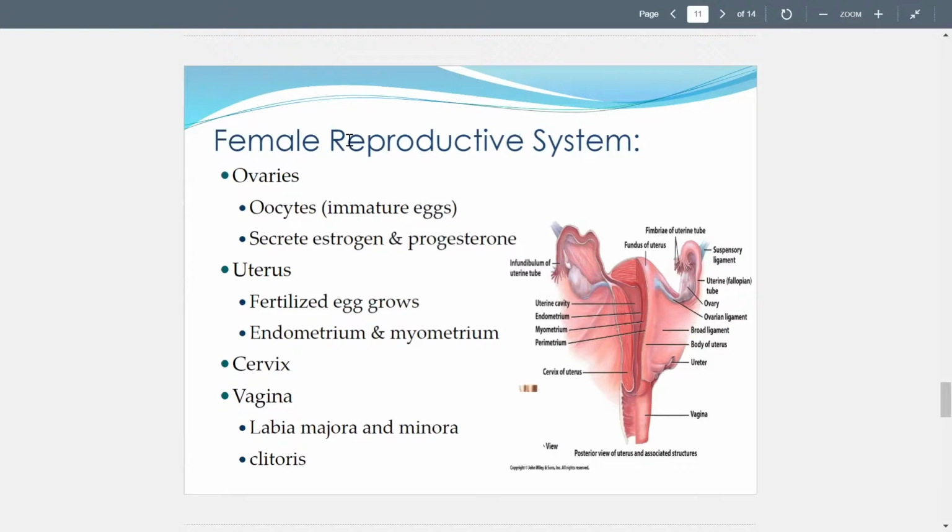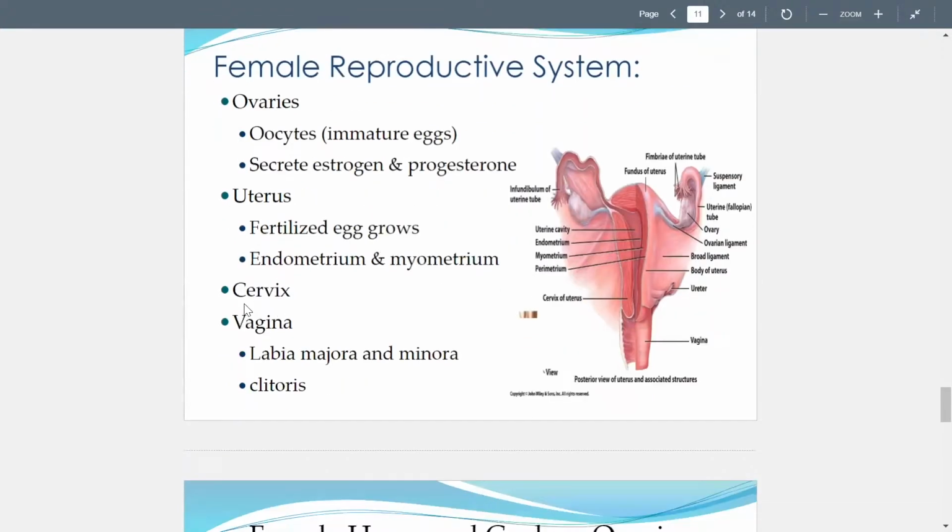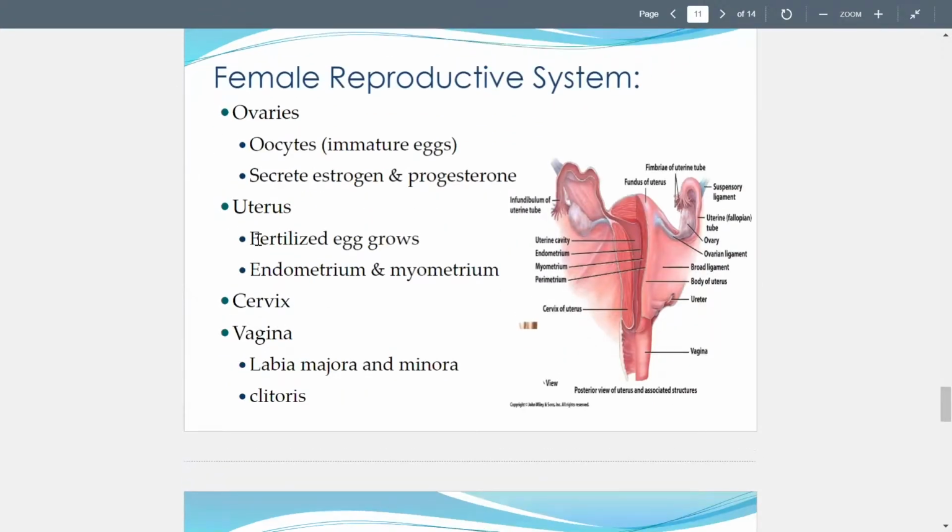The ovaries produce the immature eggs, also known as oocytes. The ovaries also secrete estrogen and progesterone. The uterus is where the fertilized egg grows, and fertilized means when the sperm meets the egg.